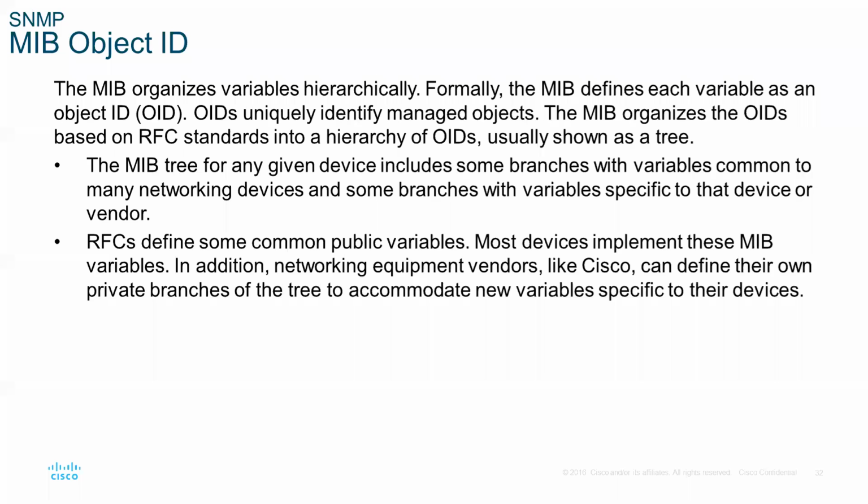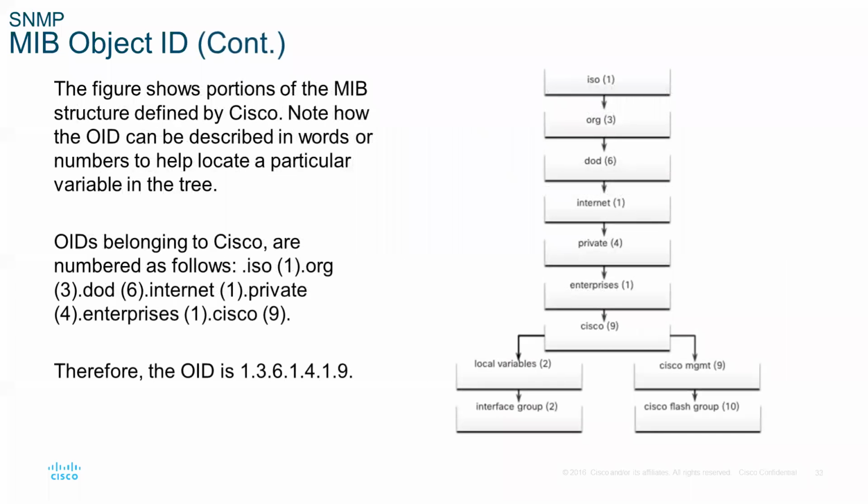In other words, they're covered under RFC. Other ones are specific to vendors, but there's a lot of scope in the RFC for new variables to be assigned to specific things.